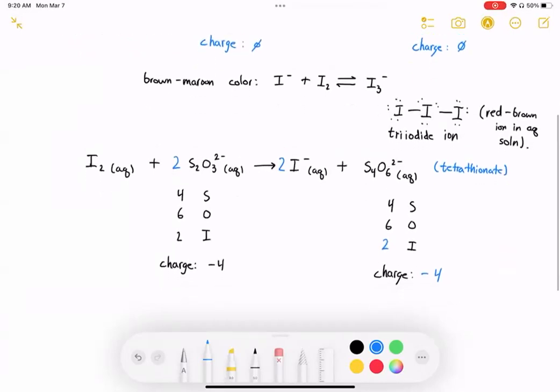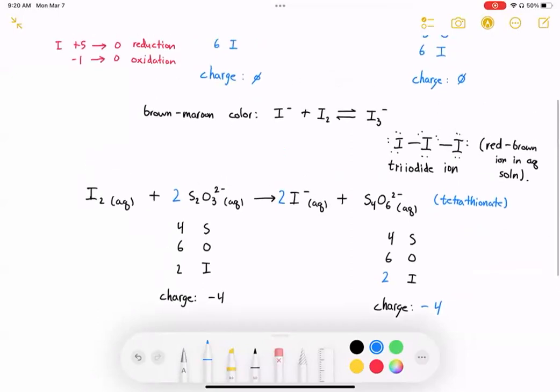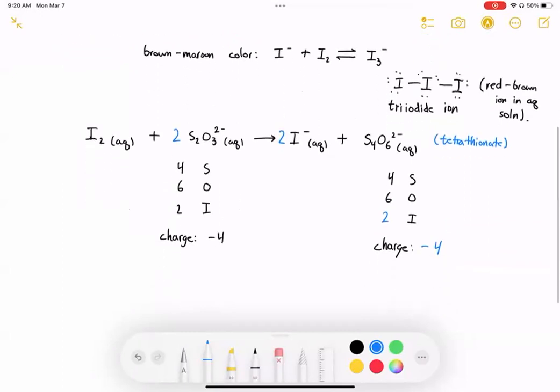So by forming the triiodide ion, we can monitor the reaction because it allows us to see the color change, because with starch, as we know, the triiodide ion forms a blue color, and iodide will be colorless.